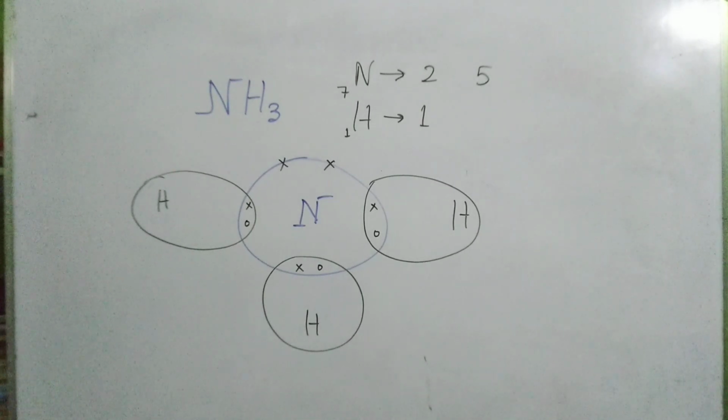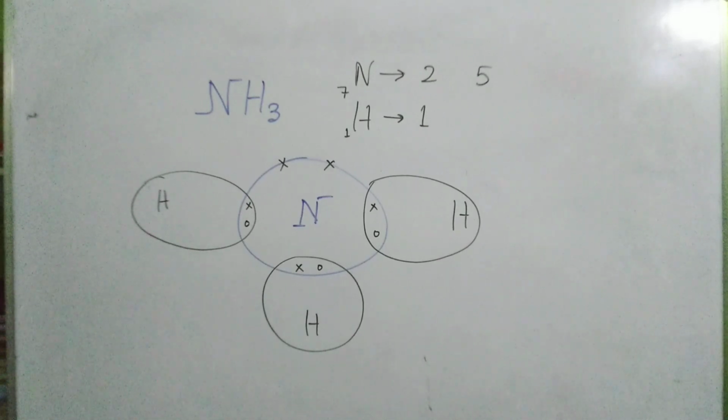How? 6 electrons are already present in the common space and 2 electrons present in its own shell. They are not shared. So this kind of structure is formed by the nitrogen atom with the hydrogen atoms to form a stable molecule of ammonia, NH3.